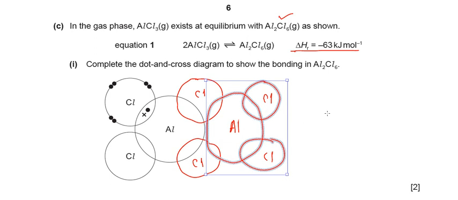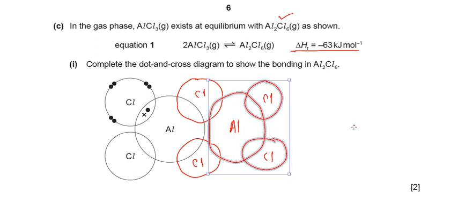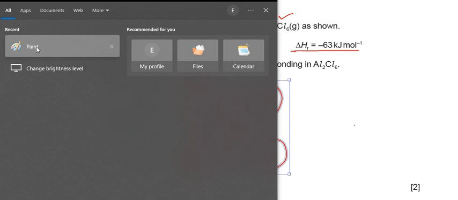You have to show the dot and cross arrangement, and it's a little difficult, so here I'm taking help from Paint so that I can easily draw and show you.